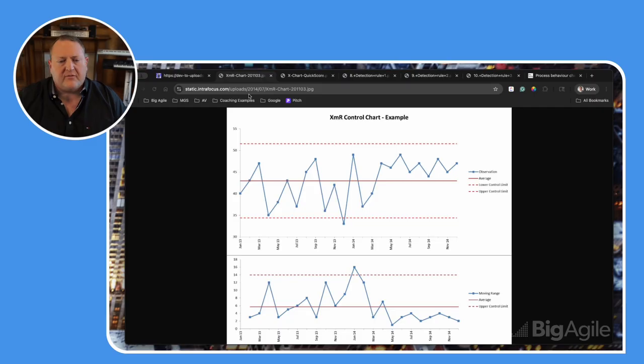For each one of those signals on the chart, you're going to ask, are there any points outside the limits? Remember, that's rule number 1. Are there 8 or more points on either side of those average signals? That could indicate a shift in the baseline. Or the other rule, 6 or more consecutive increases or decreases. We call that trend or drift.